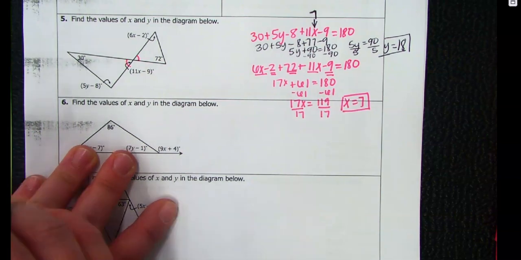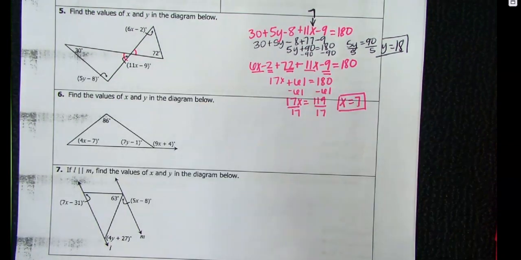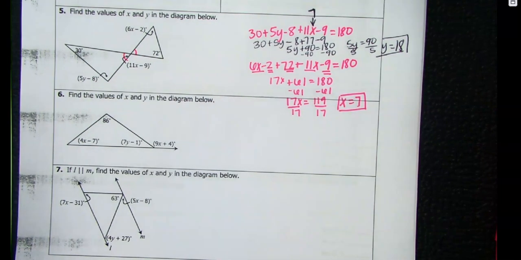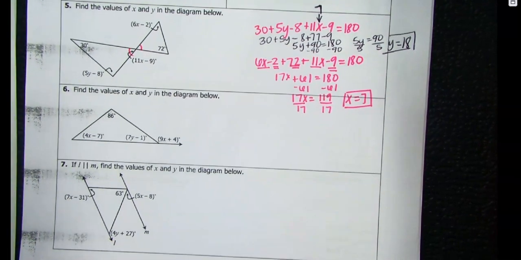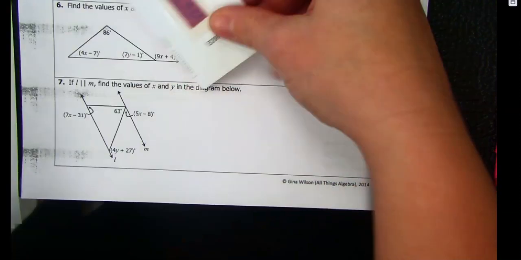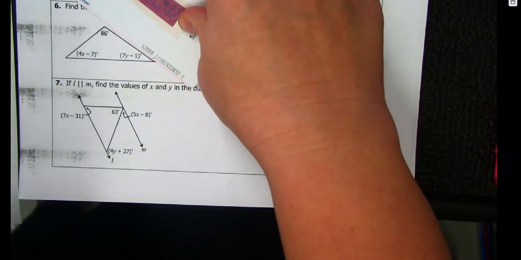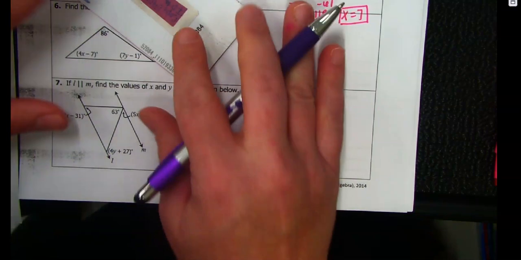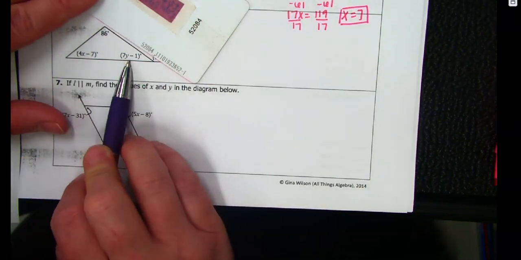So that's how you would have to do that one. If you've got two variables, then look at the other one, start with the other situation, and then you can work it out. With 6, you have options. What you could do is forget about this exterior, add all of those together, set them equal to, no you can't, okay? The reason you can't do that and set them equal to 180 is because, again, look, x and y, so that won't work.